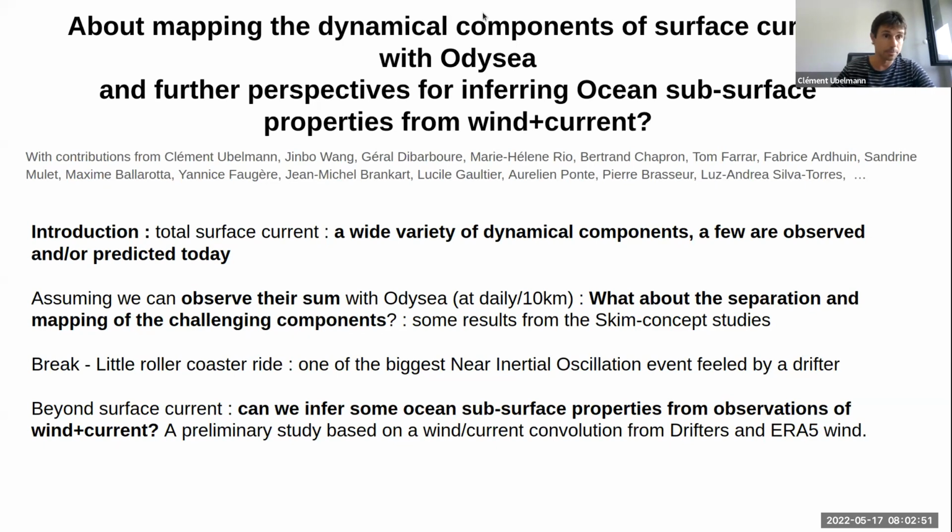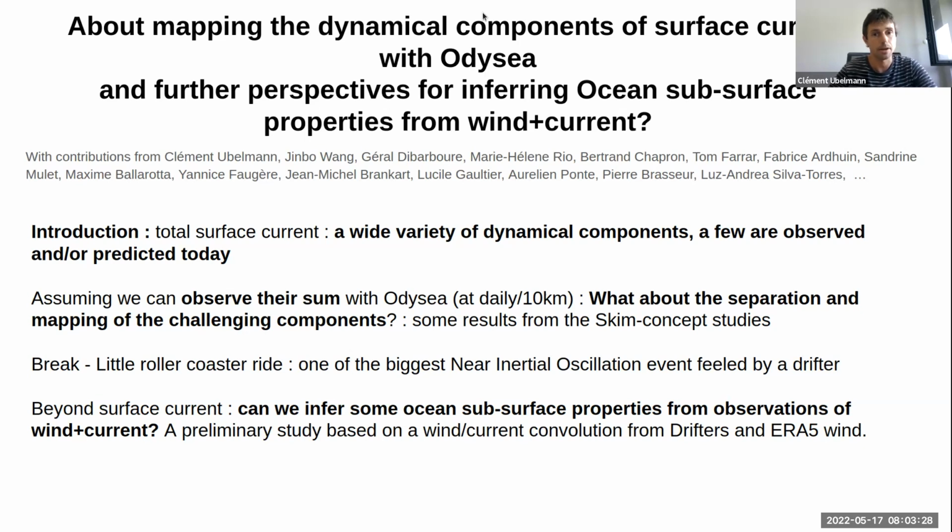In particular, an introduction with some quantification of how much of the total current is actually resolved or modeled today. In the second part, I will go over this 2D mapping algorithm that was identified as potentially interesting for mapping both near inertial current and sub-inertial current, or even geostrophy, in a single algorithm to handle the different components.